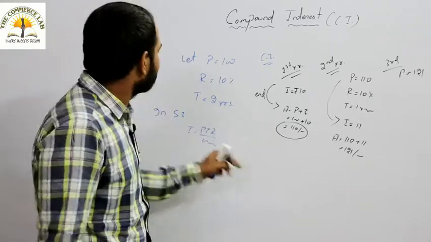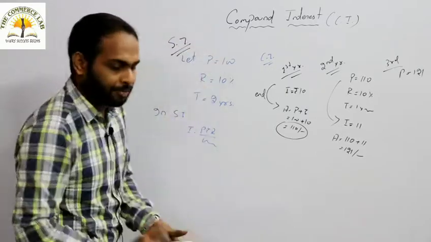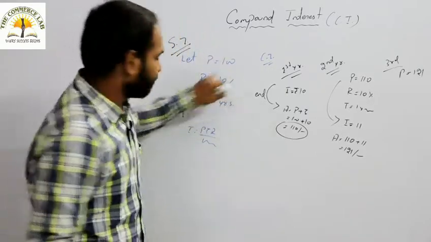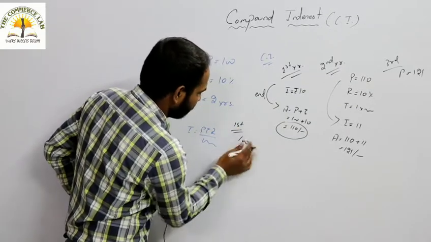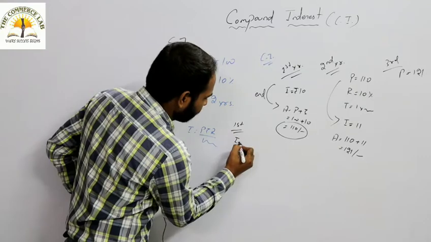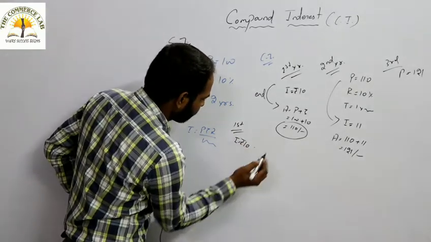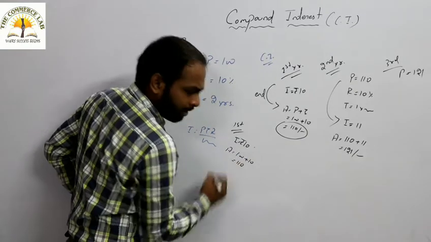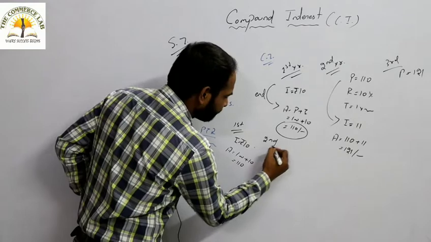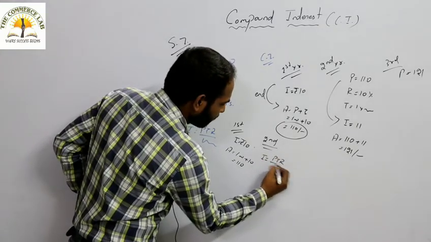Again I am telling, in SI, principal remains the same, 100 in the first year, I equal to 10 rupees. So amount equal to 100 plus 10, 110. In the second year, I equal to PTR by 100.